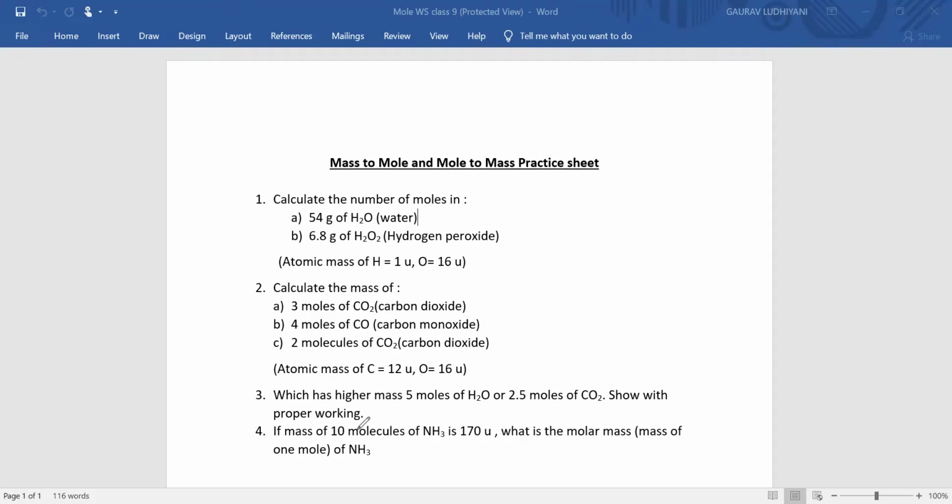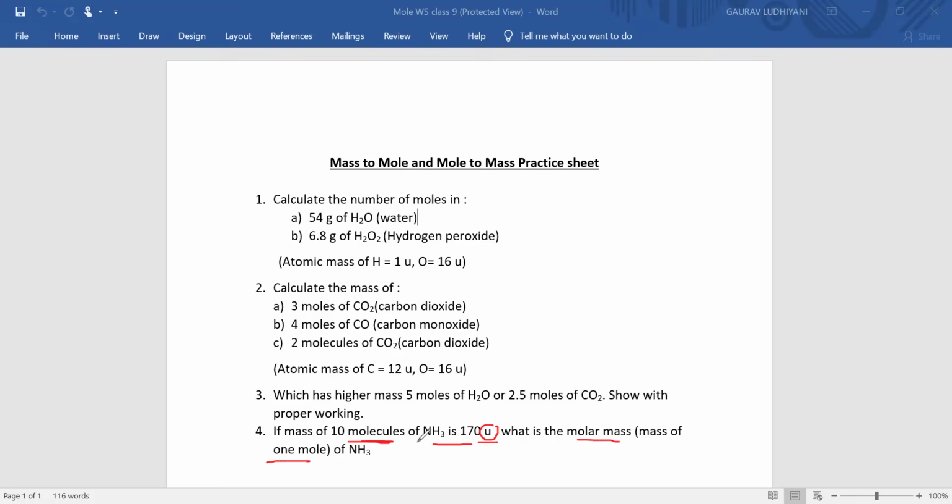So if the mass of 10 molecules of NH3 is 170 U, first understand whether the data given is proper or not. I see that it is dealing in molecules, not in moles. So the unit should be U and it is U. So that's absolutely correct. They're asking what is the molar mass of 1 mole. And over here, they have not given you the individual masses.